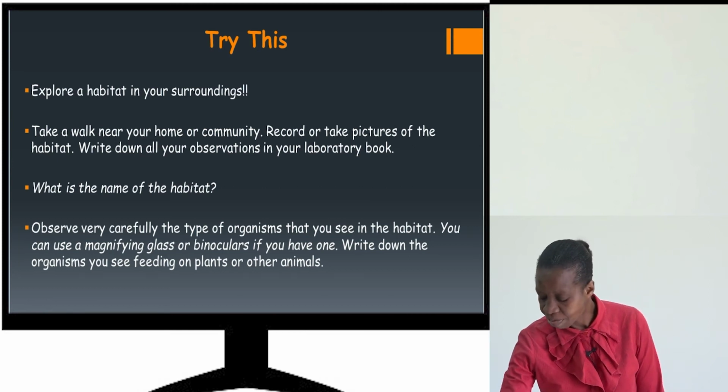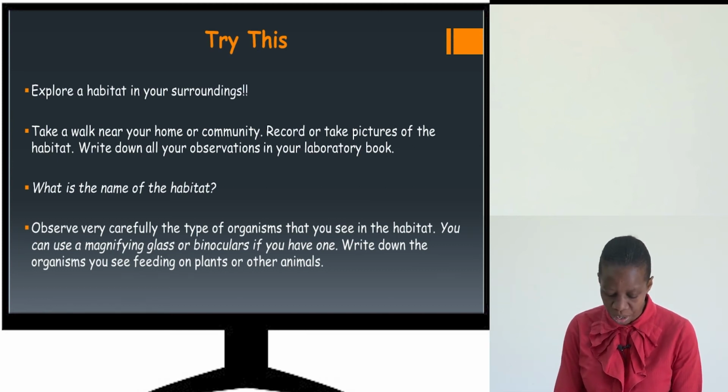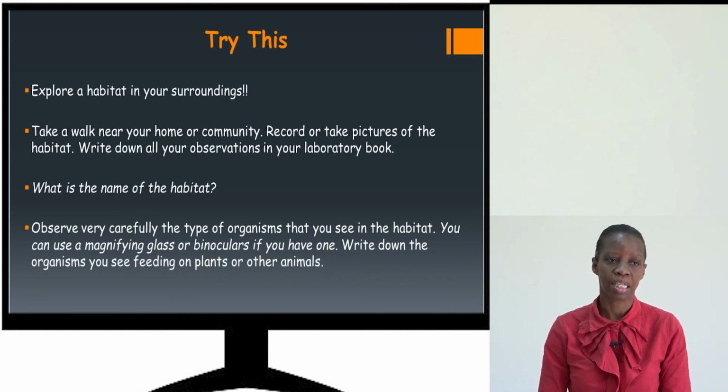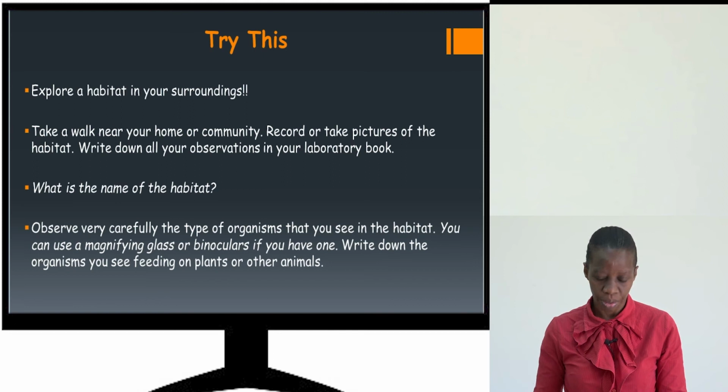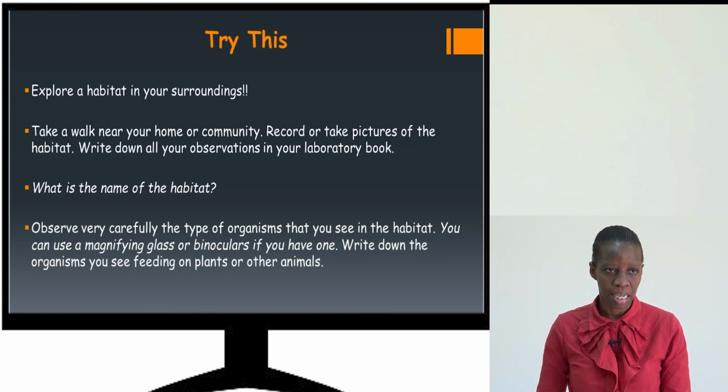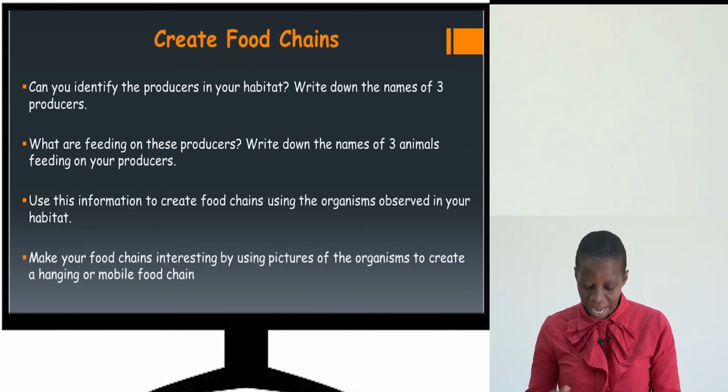Now, using some information that we had before about the different food chains, you can create these food chains. Write down the organism that's functioning as a producer, the names of the other organisms that are eating these producers, right? Create your food chain. Make them interesting.